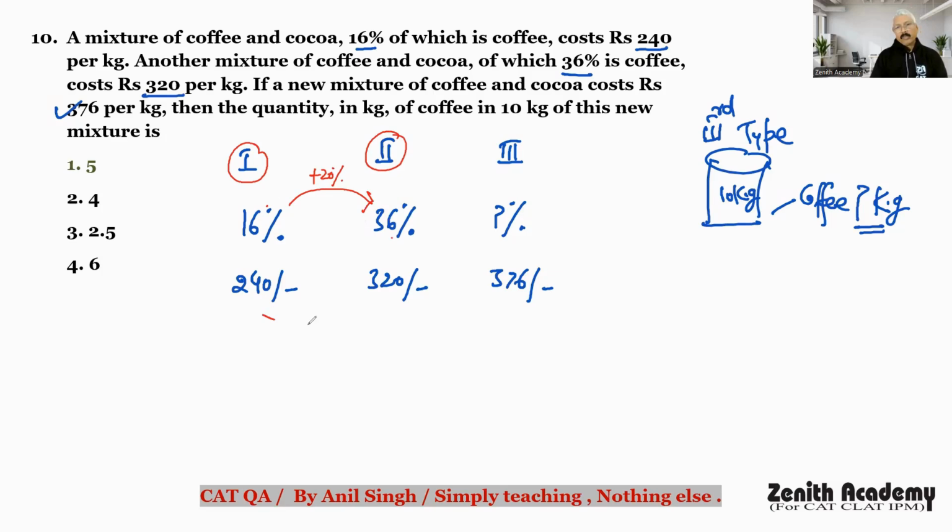And here the value of the mixture is increased by 80 rupees. Here the value in the third mixture is increased by 56 rupees. So here 80 rupees increase, here 56 rupees increase.